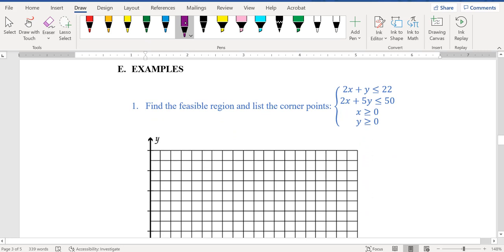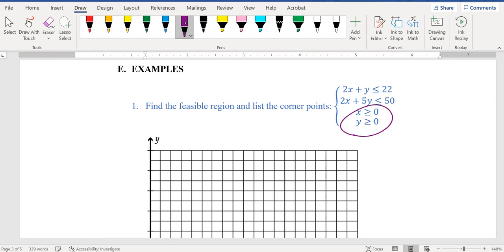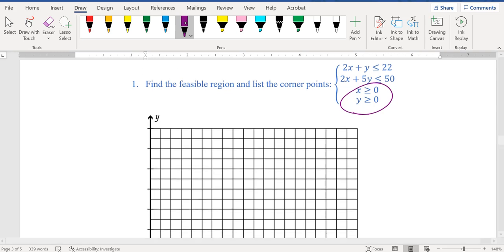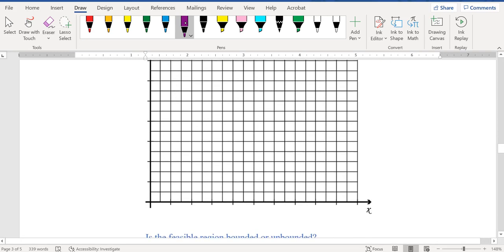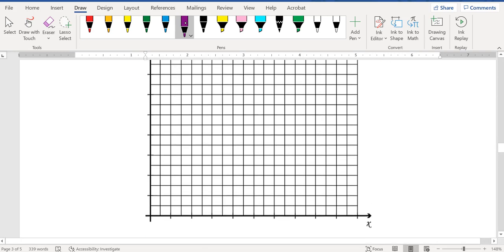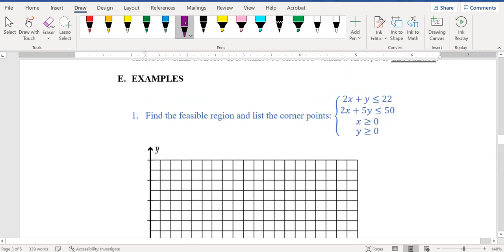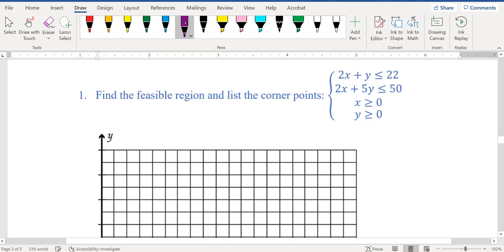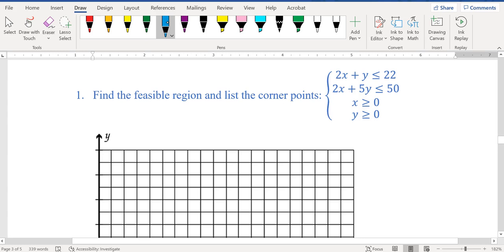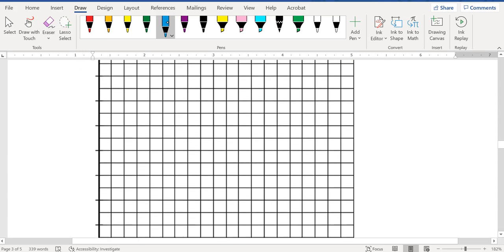Find the feasible region and list the corner points. All right, I'm going to remind you that those two inequalities, x greater than or equal to 0, y greater than or equal to 0, all that does is restrict us to quadrant 1. So I just drew quadrant 1 here on my graph. Now let's go talk about these other two inequalities. 2x plus y less than or equal to 22.